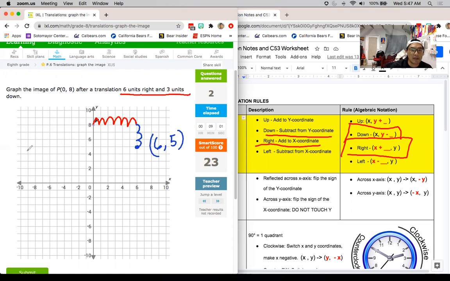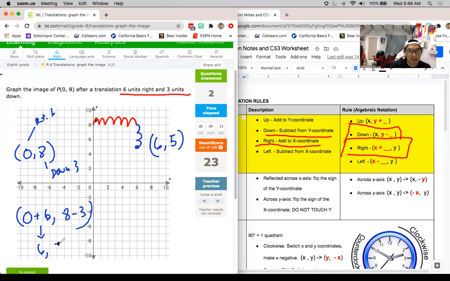So I'm 0, comma 8. And my first is to add 6, I'm going to go right 6. And then I'm going to go down 3. So that means I'm going to go 0 plus 6 on the X coordinate, and I'm going to go 8 minus 3 on the Y. This gets me 6. 8 minus 3 gets me 5.